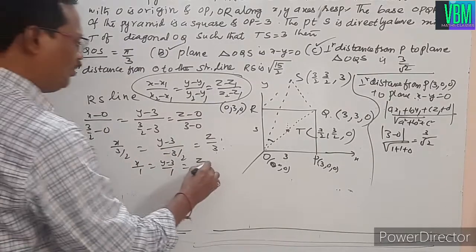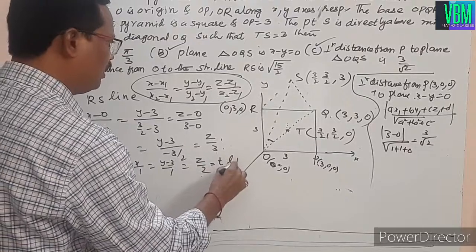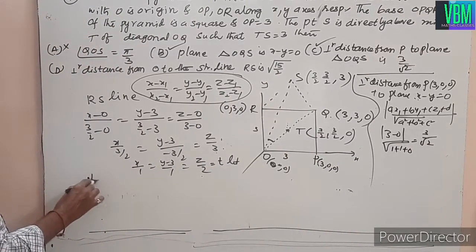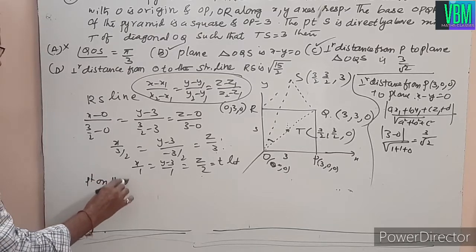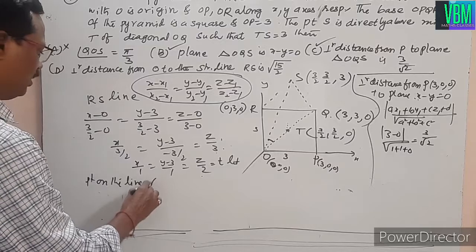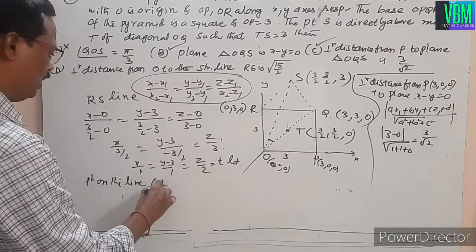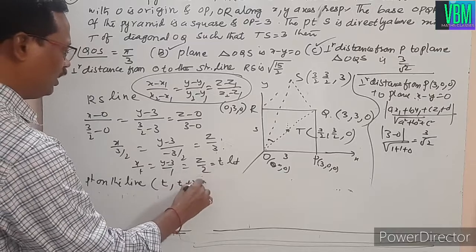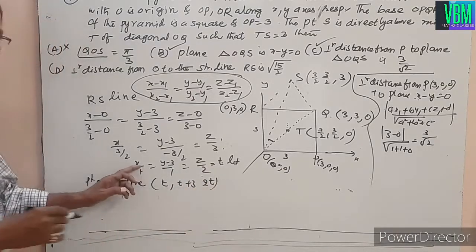Now, let us consider T as a point on the line. The X coordinate is 1 into T, the y coordinate is T plus 3, the z coordinate is 2T. This is a point on this line.